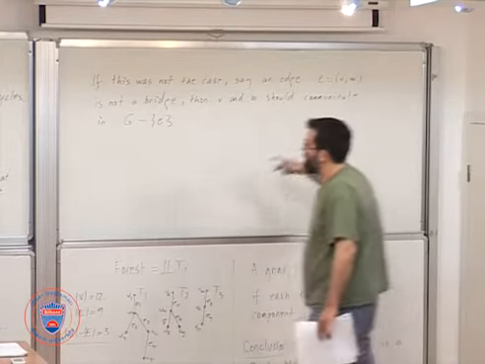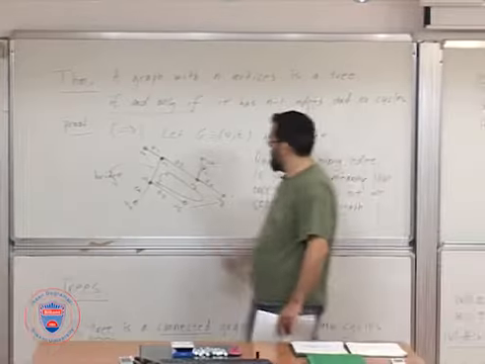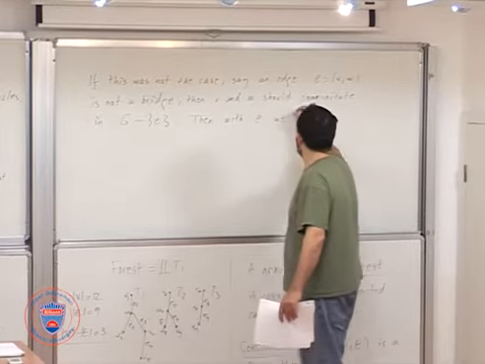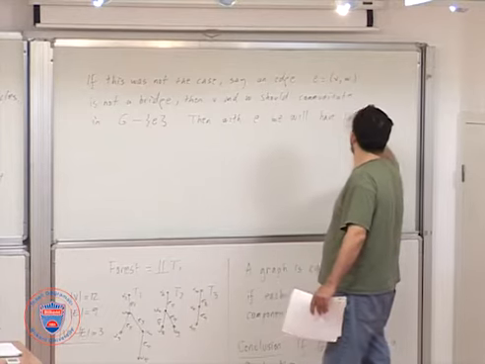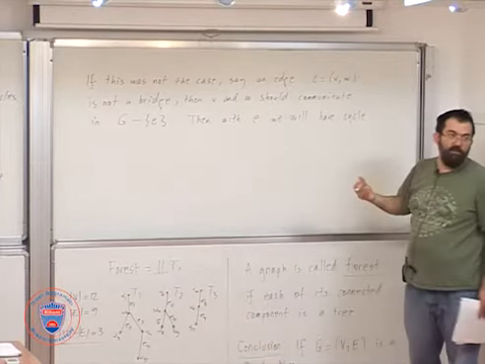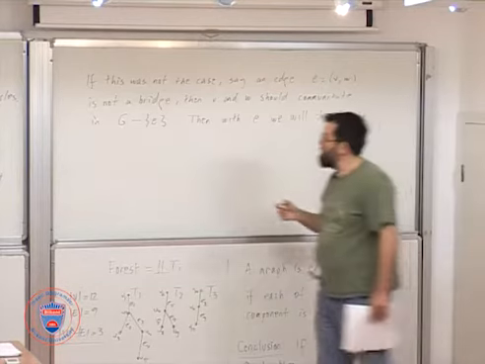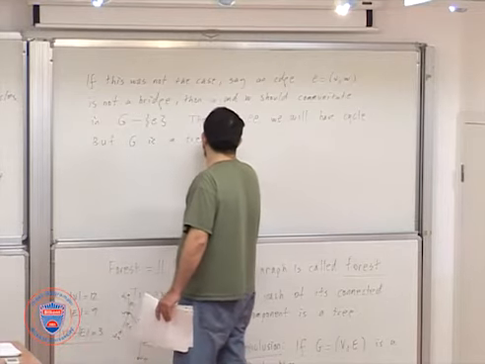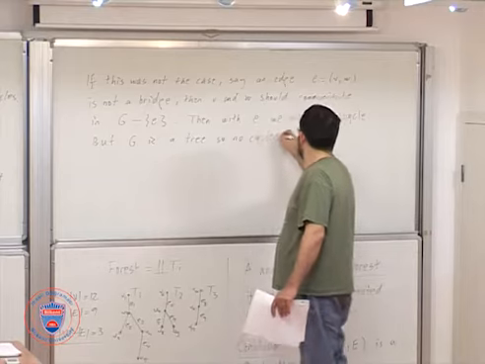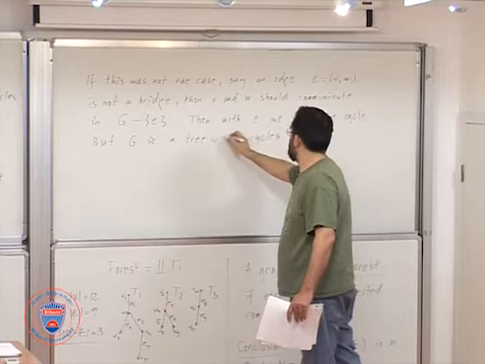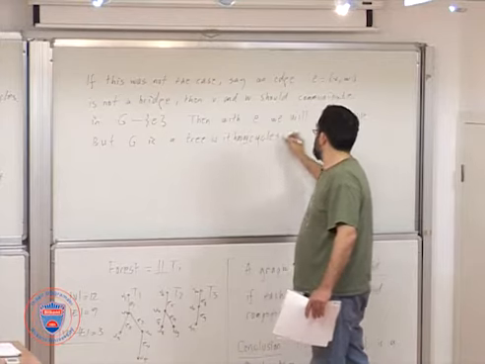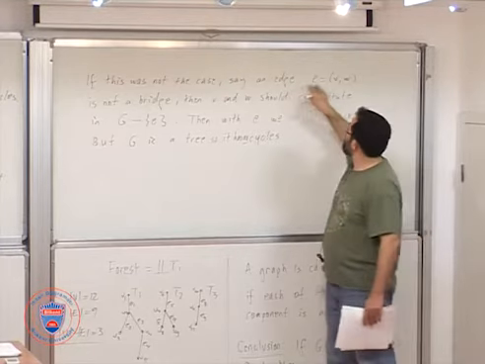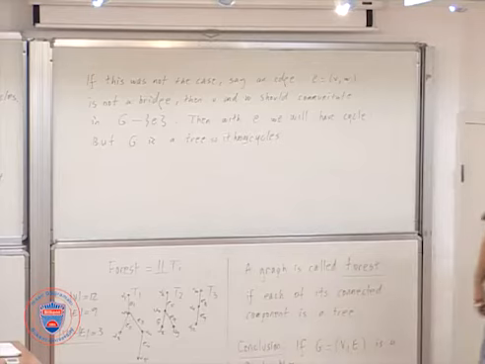But if they communicate when you take this edge out, that means with E we will have a cycle. But G is a tree, so no cycles are allowed. It has no cycles. Because it has no cycles, this cannot happen. That means it's a bridge. Okay?